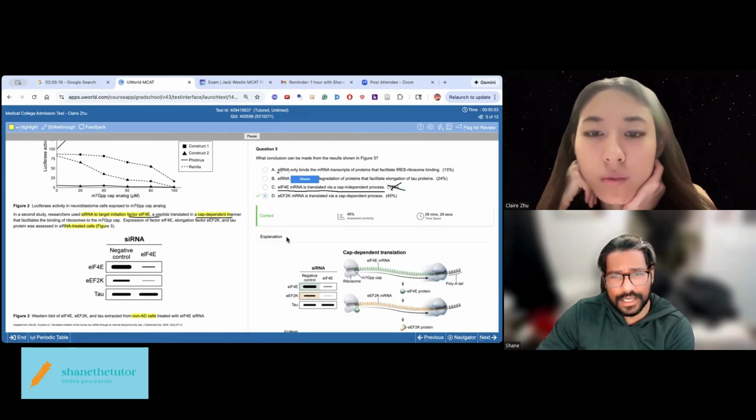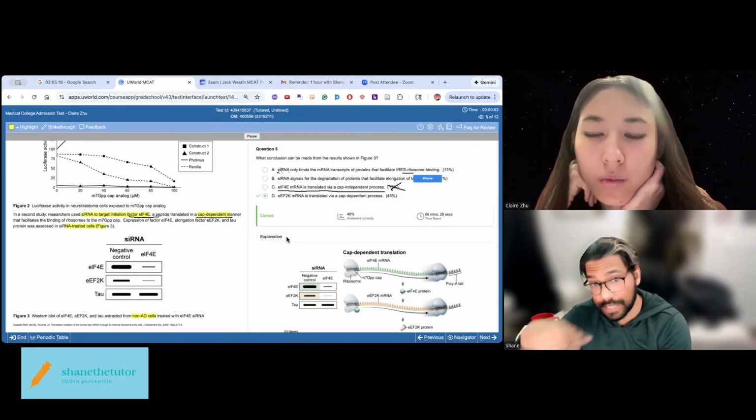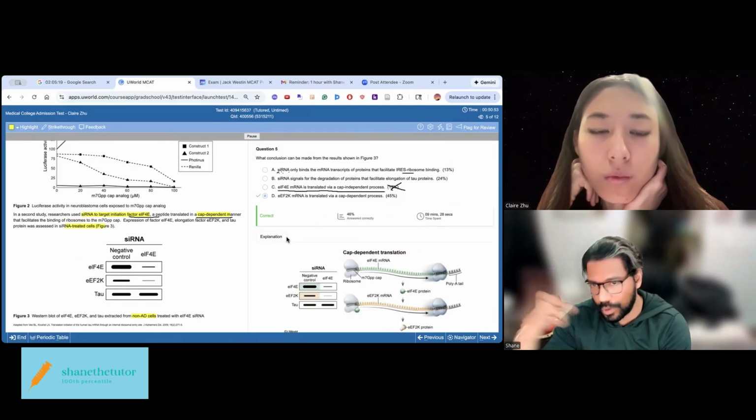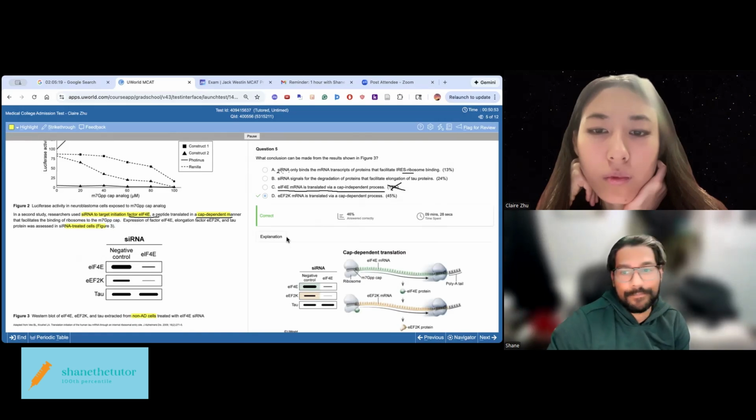And then the rest of these. This says siRNA only binds the mRNA transcripts of proteins that facilitate IRES ribosome binding, but we knew from before that IRES means that it does not bind to the cap, right?